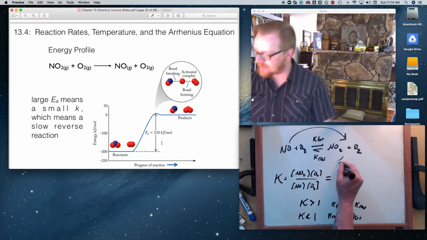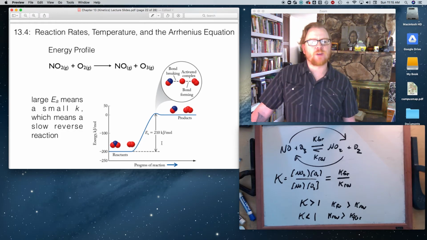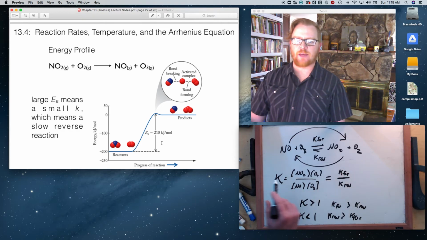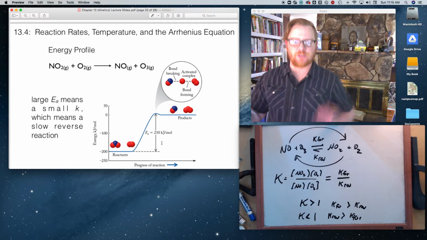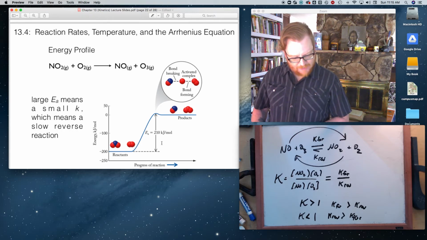And in that case, that means that reactants are preferred. Okay? So I don't think I had this specifically in the learning goal, but I think that just having a general idea that the equilibrium constant is K forward over K reverse is really useful for you.